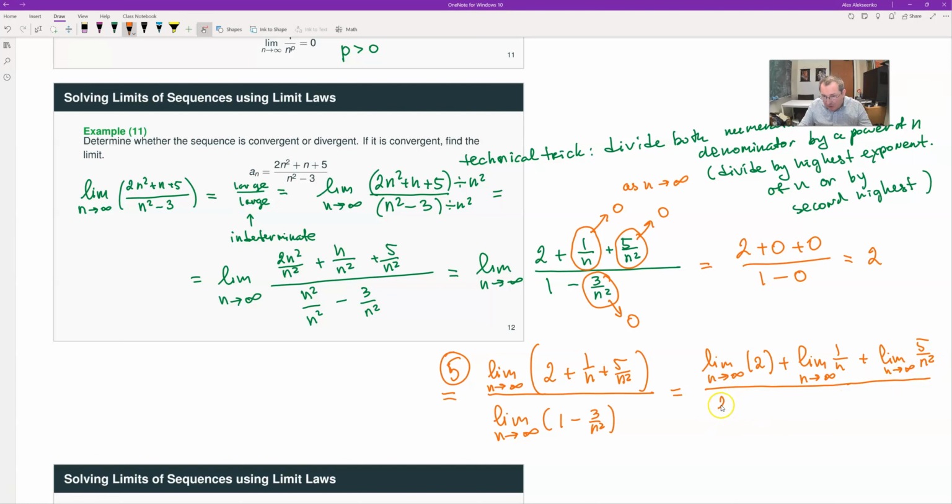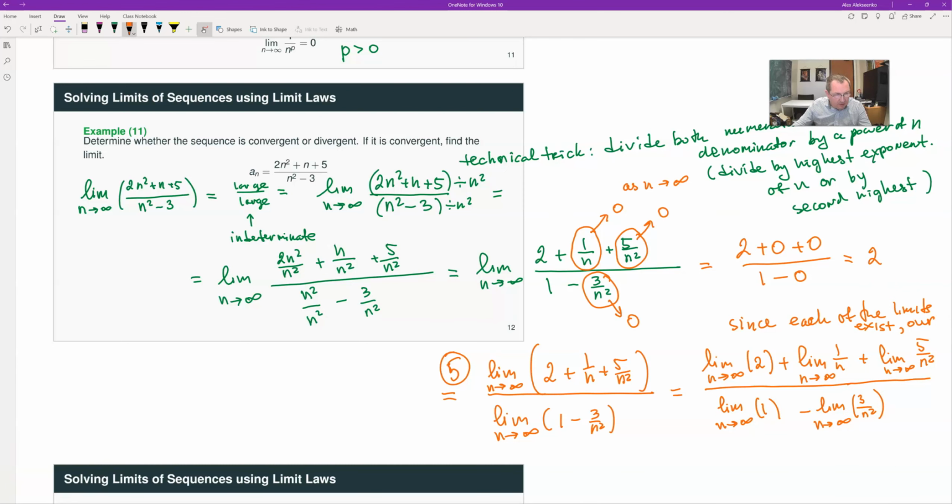And in the denominator, it is limit as n goes to infinity of 1 minus limit as n goes to infinity of 3 divided by n squared. Now, each of these limits exists. Our steps are legitimate. If these limits wouldn't exist, then we couldn't use the formula.